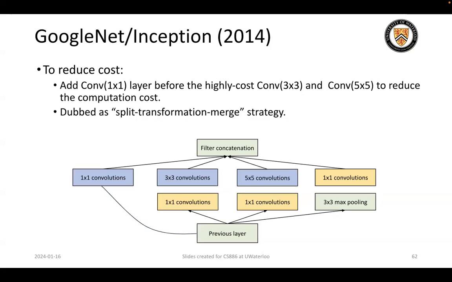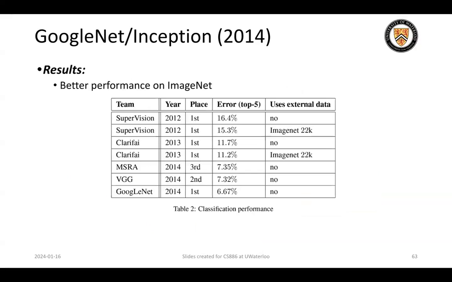This can reduce the computation cost. This is called the split-transform-merge strategy. And for the results, we can see that in the year 2014, GoogleNet placed first, with 6.67% error for the top 5, and they did not use external data.